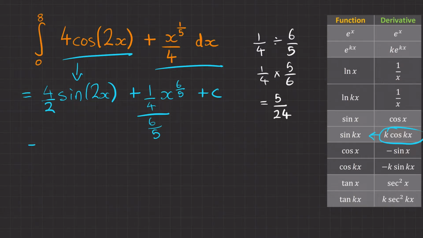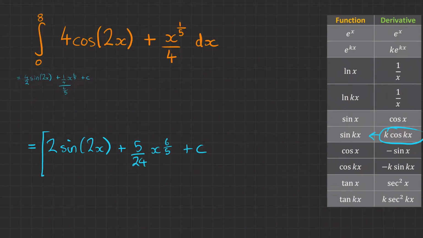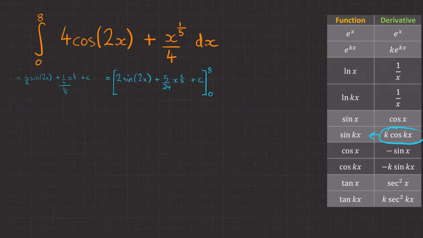So we'll then be left with the equation plus c. And this is bounded by the points 8 and 0. So let's substitute in those values now.